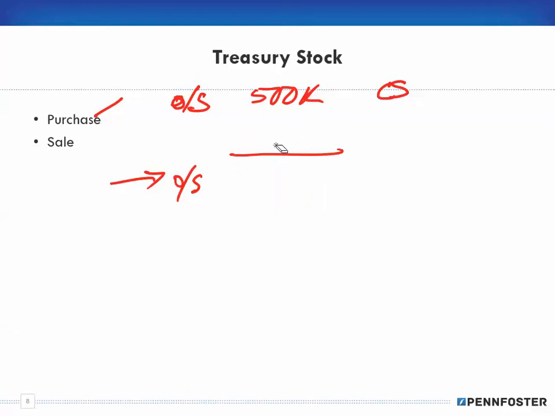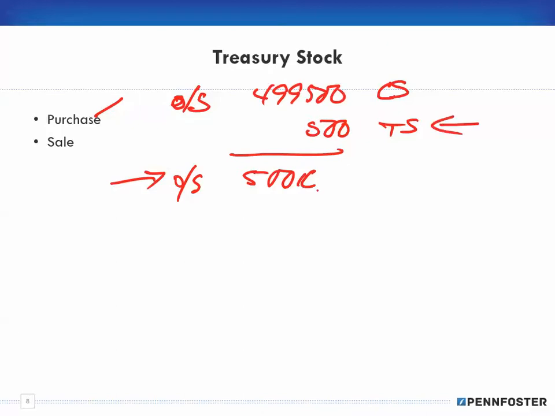If we say that we're going to buy those 500 shares of treasury stock, our outstanding number of shares still stays at 500,000, but the common stock will be 499,500. So we're buying the 500 shares.